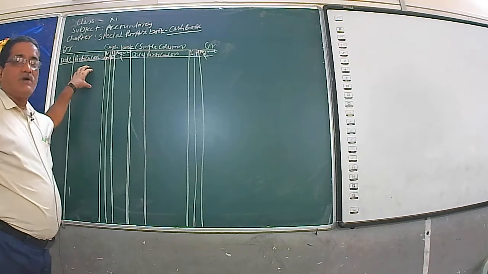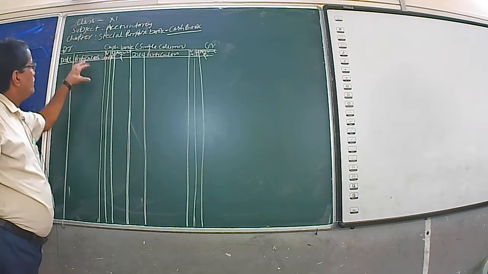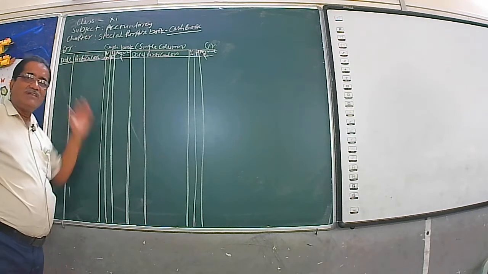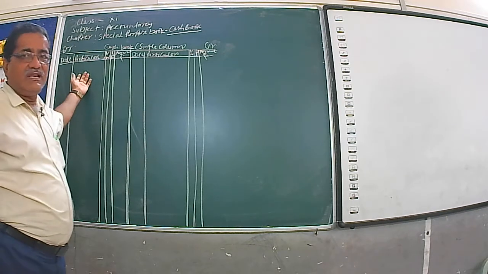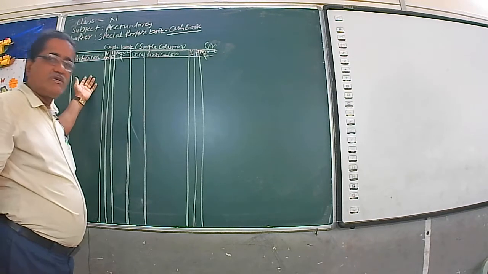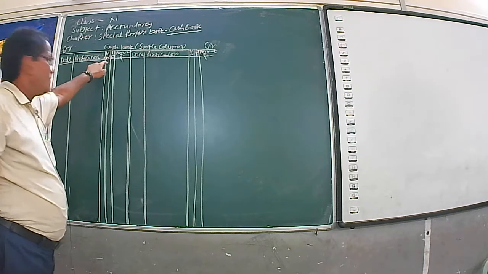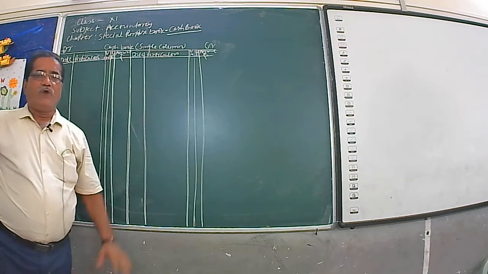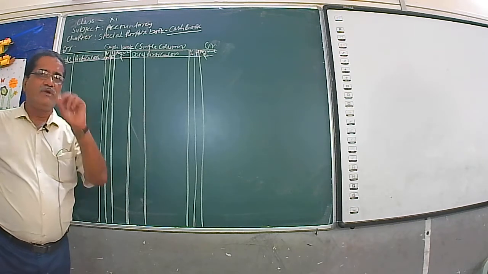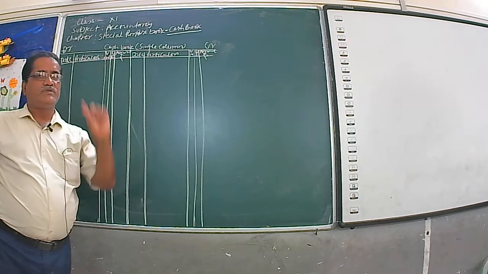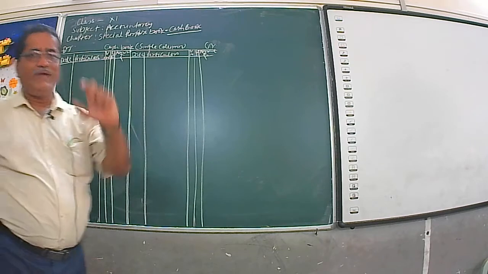And in the particular column, you will have to write the transaction's nature, like sale, cash introduced, commission, whatever it may be. And this is the voucher number. Voucher has been clarified to you already in basic terms in accounting. Voucher is a document which is prepared as proof of the happening of any transaction.